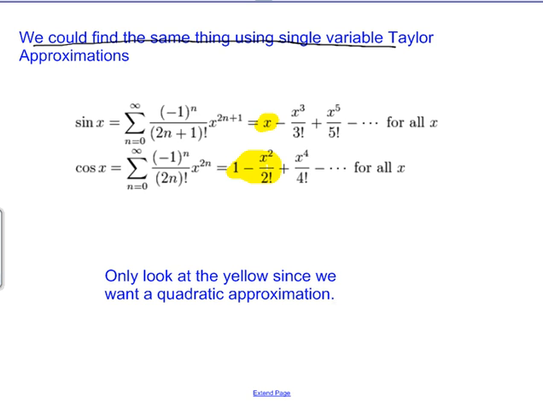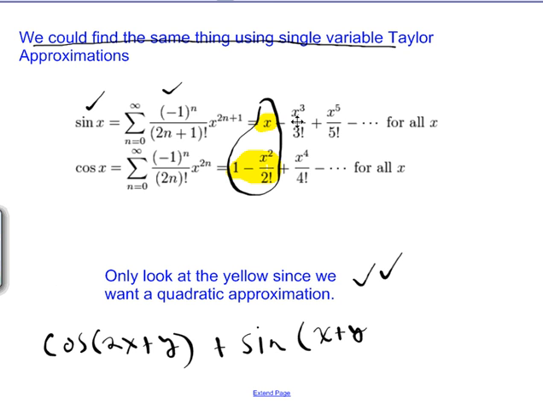Now, just as a reminder, in single variable calculus, we're able to represent sine of x as a Taylor approximation right here as follows, where the yellow highlighted part is our second order approximation, since we want a quadratic approximation.